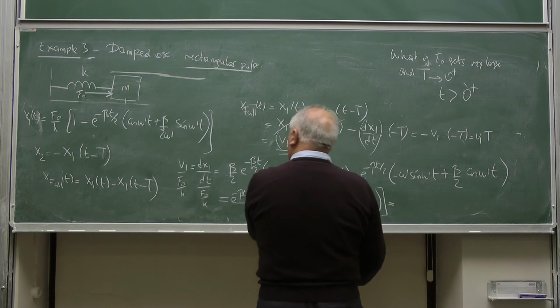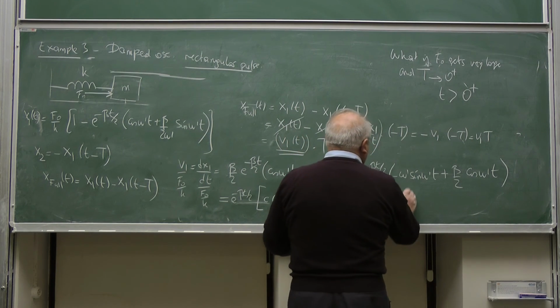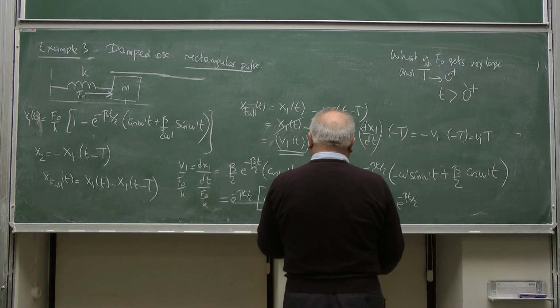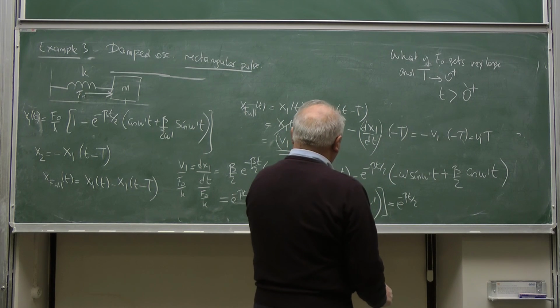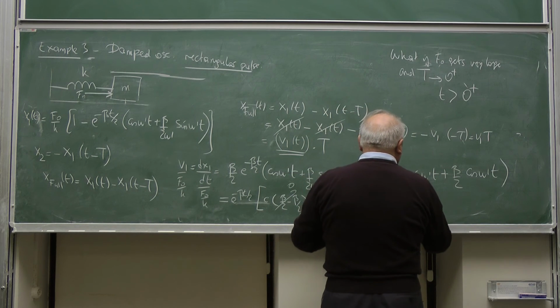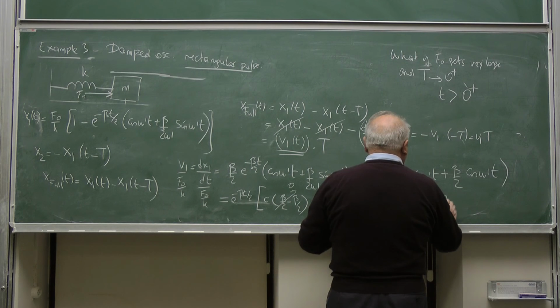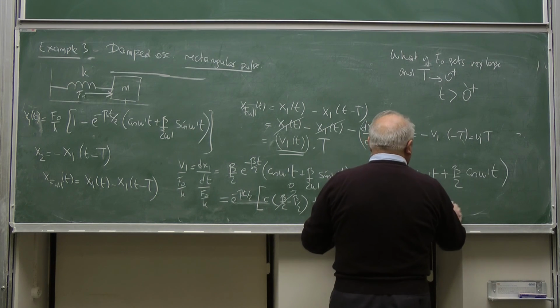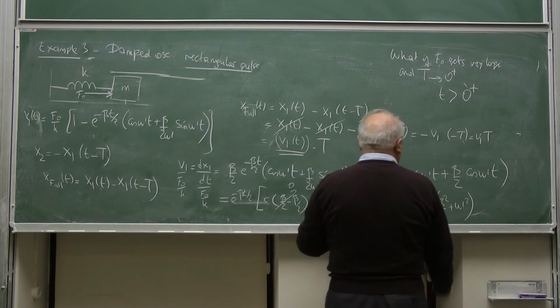Equals e to the minus beta t over 2 times 1 over omega prime times beta squared over 4 plus omega prime squared.